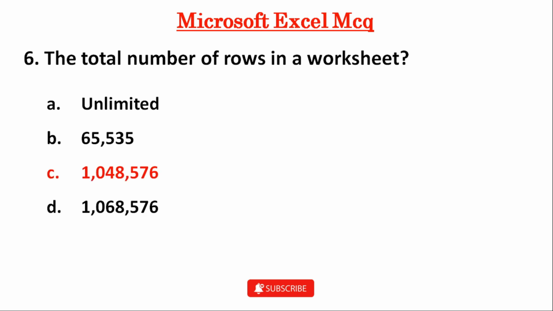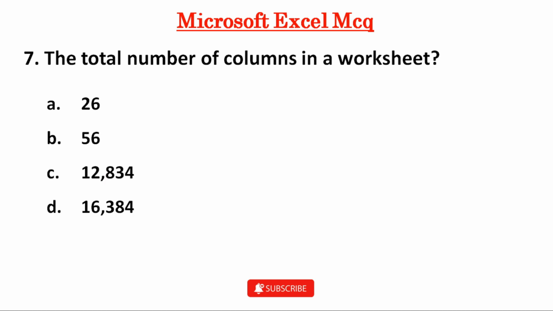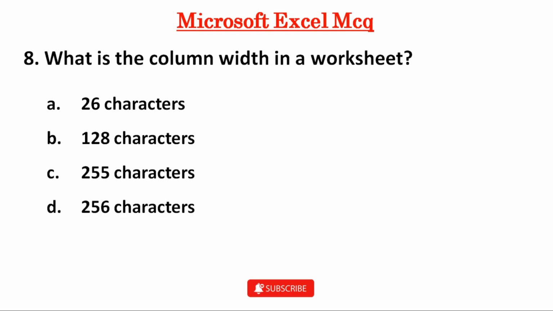Right answer is 10,48,576. Next question, the total number of columns in a worksheet is dash. Right answer is 16,384. Next, what is the column width in a worksheet?